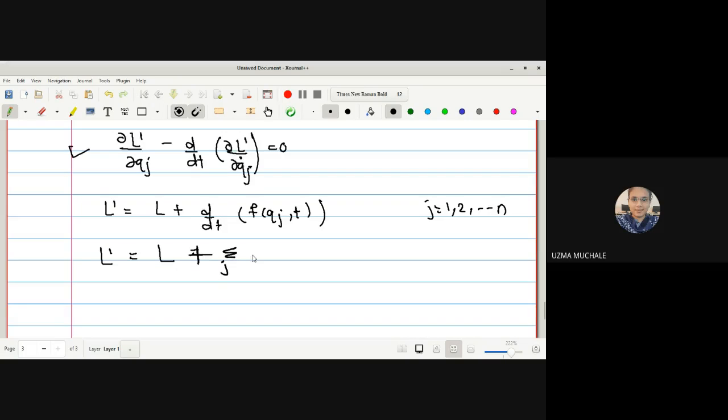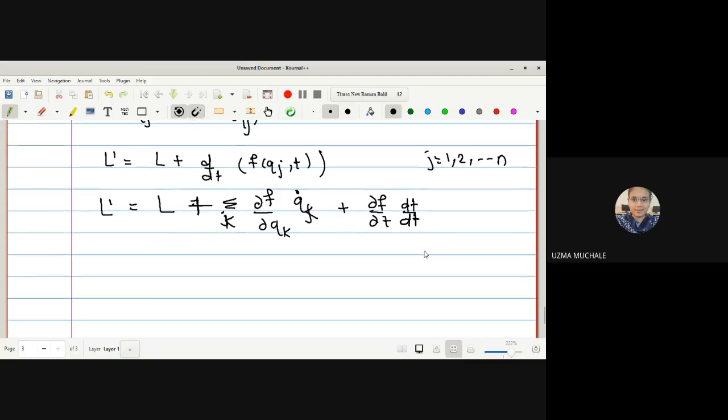This is summation over j. First you want to find out the derivative of f with respect to qk. Let me write it as qk because j we have already used. Summation over k, derivative of f with respect to qk and qk dot with respect to t, plus derivative of f with respect to t and derivative of t with respect to t. Okay? Any doubt in this step? No, ma'am.